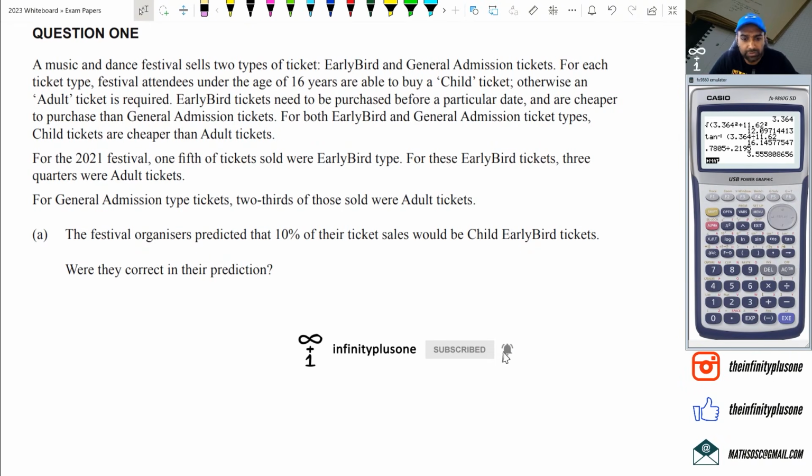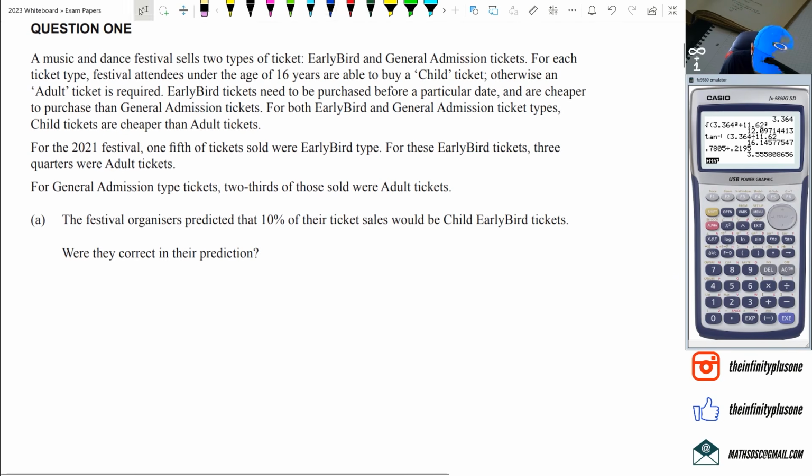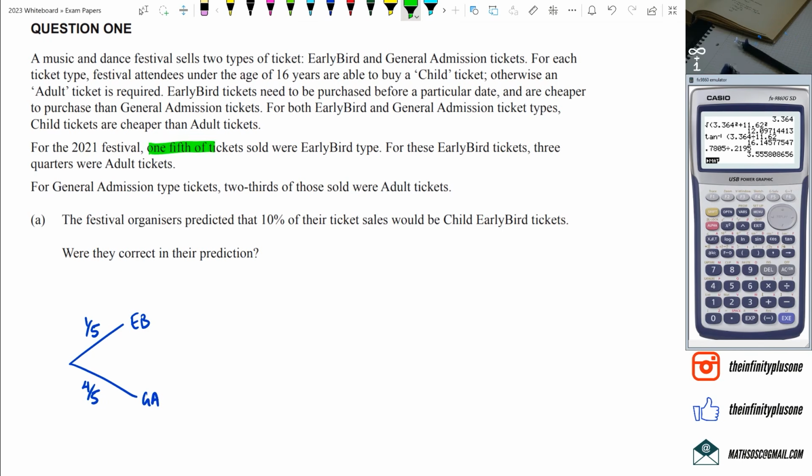So looking at this question, the first thing I'm going to do is draw a tree diagram, and hopefully that tree diagram is going to help me out as I go along. So the first thing to have a look at is 1/5 of the tickets sold were early bird. So this is going to be 1/5, which means 4/5 are your general admission tickets. For the early bird, 3/4 were adult tickets.